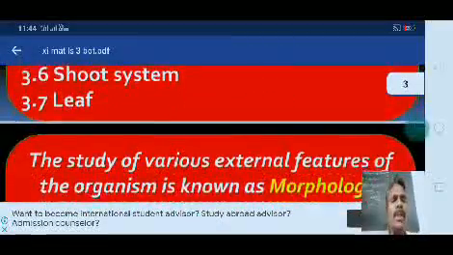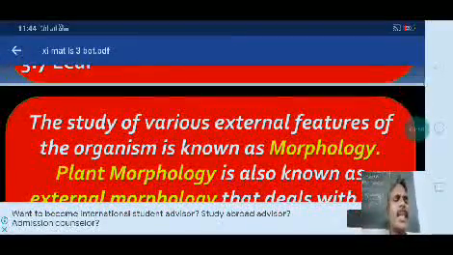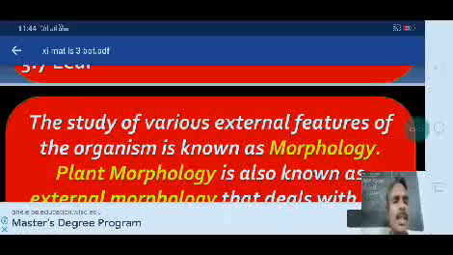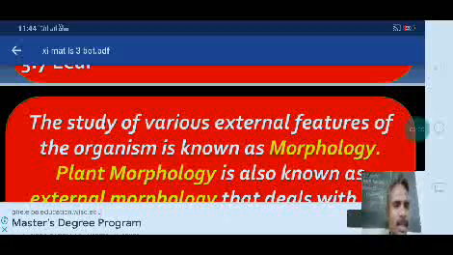Okay. First one, the study of various external features of the organism is known as morphology. What do you mean by morphology? Morphology is nothing but the external features of an organism.